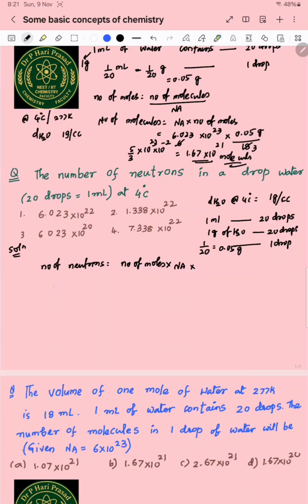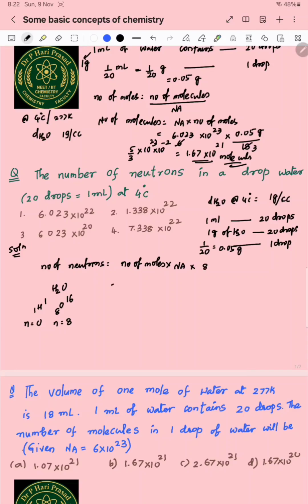Okay, so in that H2O molecule, hydrogen will be 1H1, so here the number of neutrons is equal to 0 only. Oxygen will be 8O16, then the number of neutrons is equal to 8 only. So then, students, in the H2O molecule, the total number of neutrons present is what?